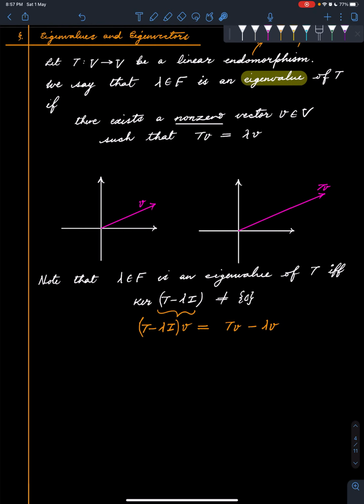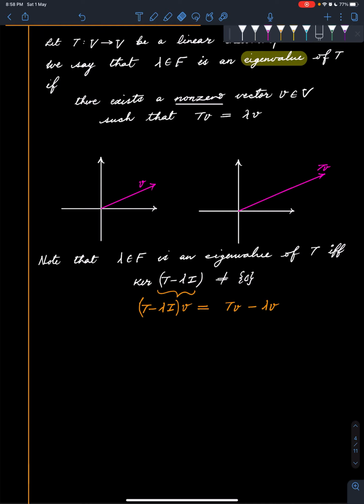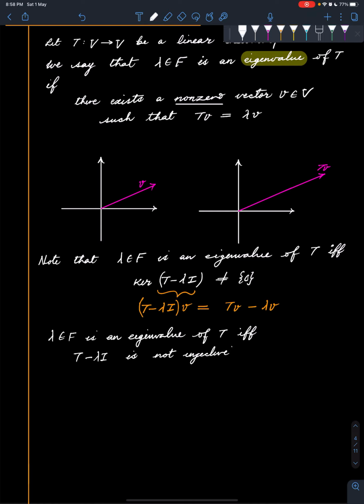And therefore, by what we recalled here, we see the simple fact that lambda in F is an eigenvalue of T if and only if T minus lambda I is not injective, if and only if T minus lambda I is not surjective, if and only if T minus lambda I is not bijective.